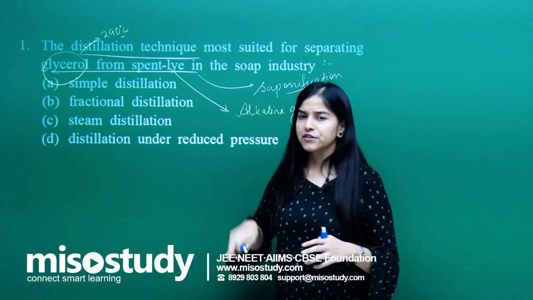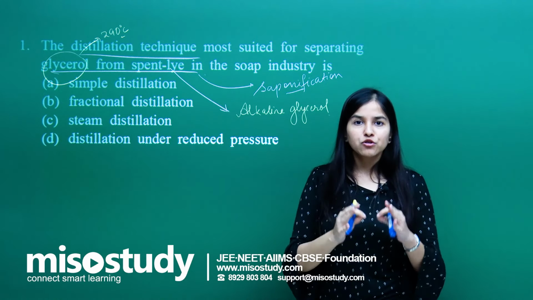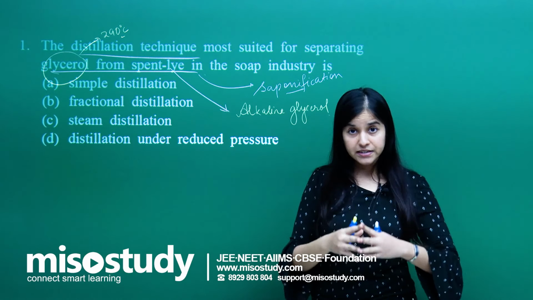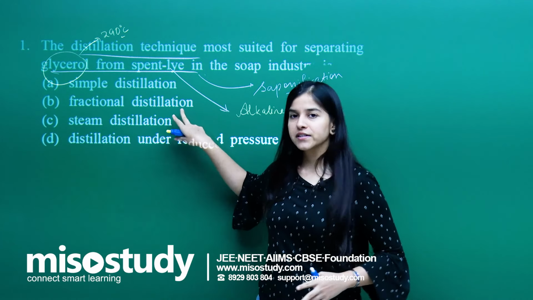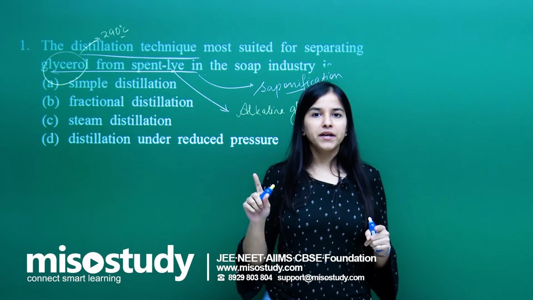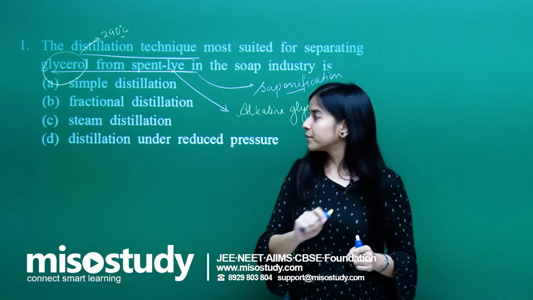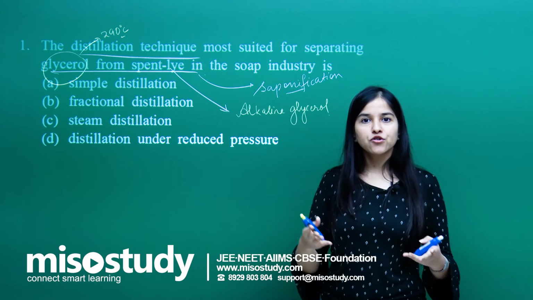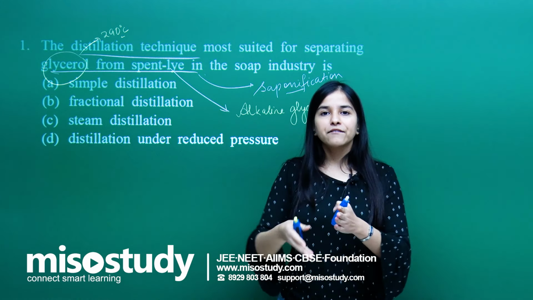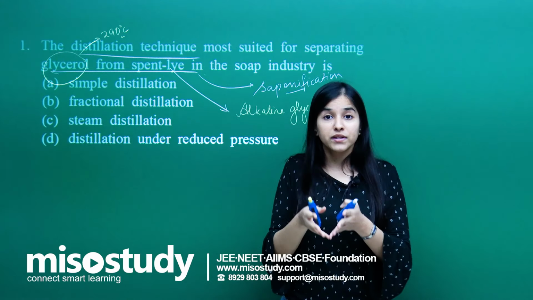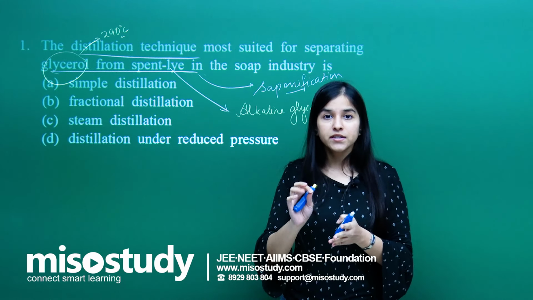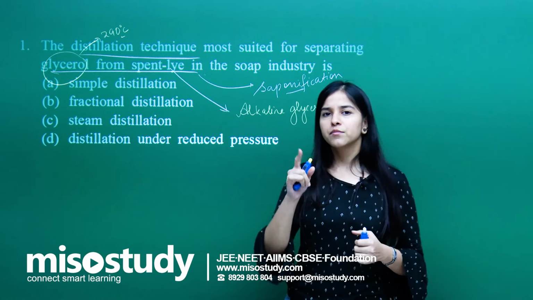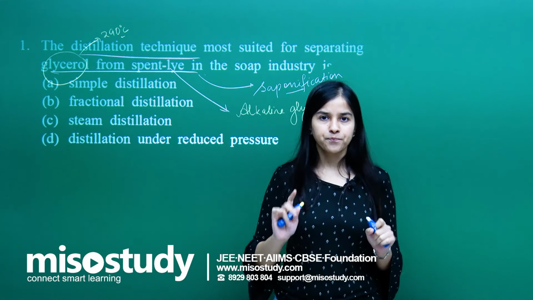So simple distillation will be unable to achieve this much temperature easily. If I go by fractional distillation, again it would be a very improper method. Steam distillation also requires immiscibility with the water, and that is not possible over here because glycerol is soluble in water, right?